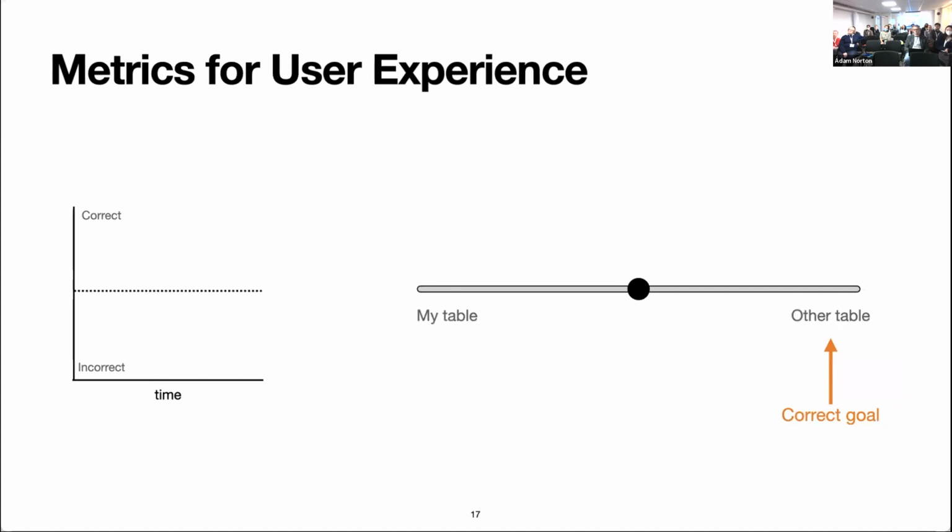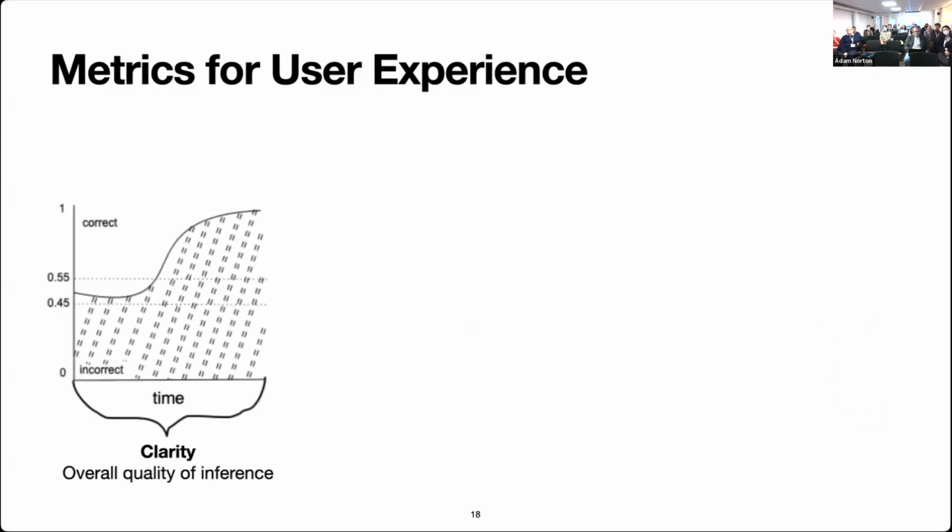We can graph this over time as how much they are correct or incorrect, how certain they are about the correct goal versus the incorrect goal. So if at first they think the robot's going to their table, they start to be incorrect, but then, as they see more of the video, maybe they move the slider back over to the other table and they become more and more certain about the correct goal.